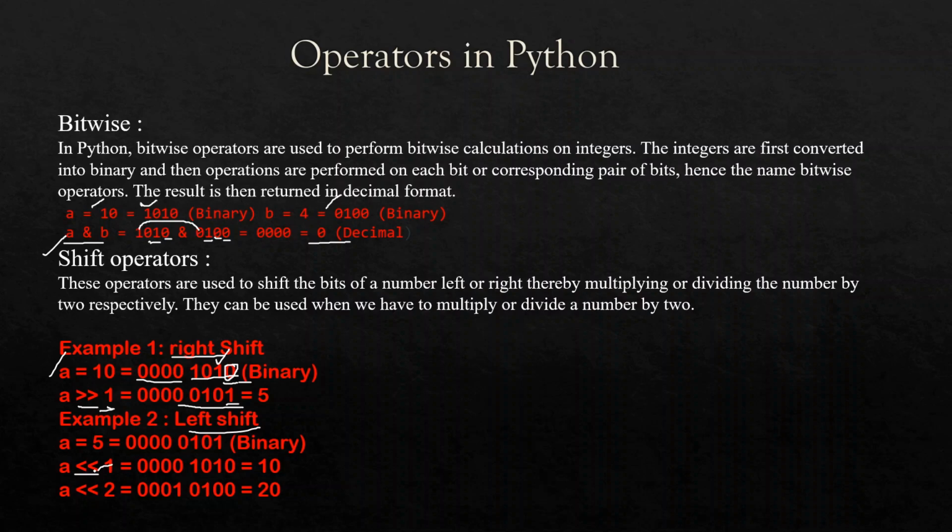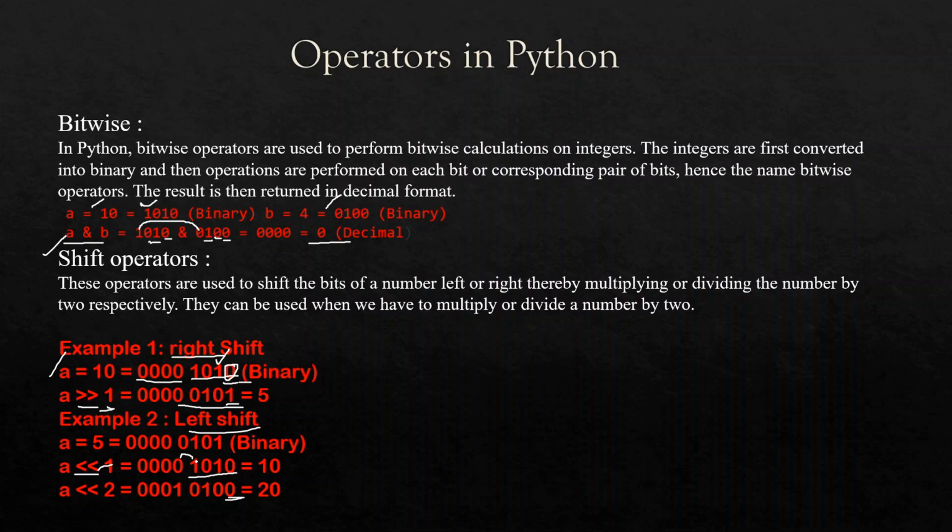Okay, similarly if we do left shift by 1, you can see the number is 1010, then an extra 0 has come over here, and the bits have shifted one position.